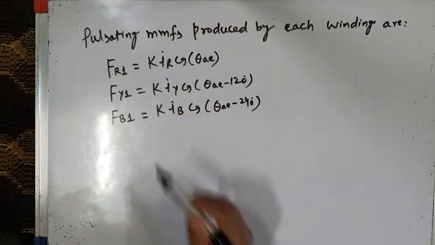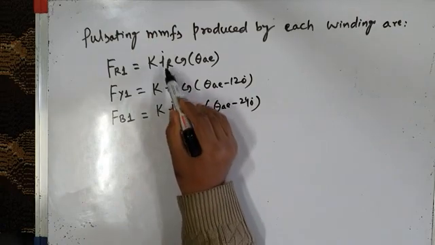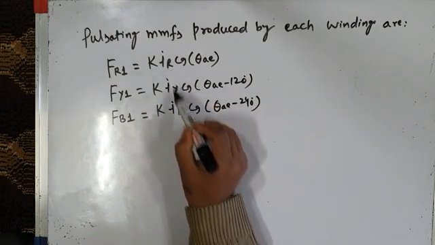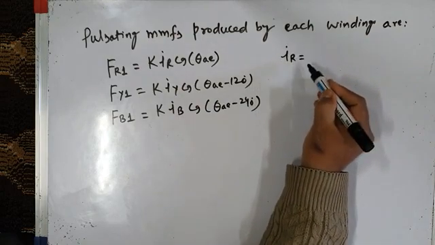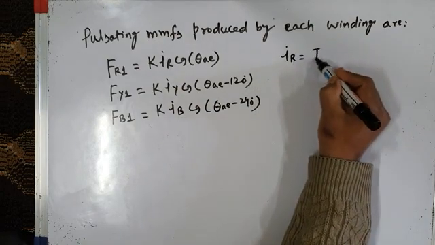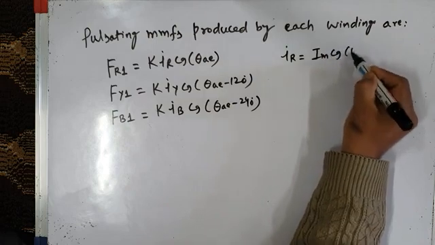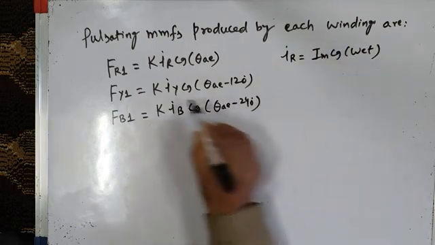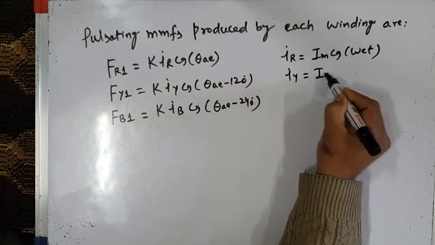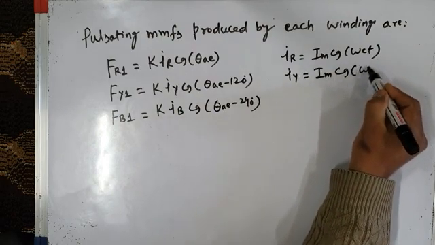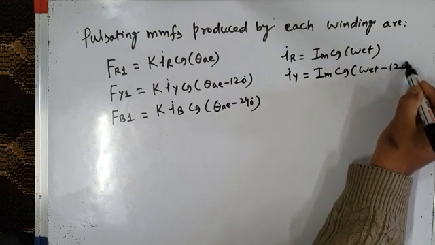Now what are IR, IY, IB? IR, IY, IB are the currents flowing in the three phase windings. The current flowing in R phase winding, IR, we know is equal to IM cos of omega ET. Current flowing in Y phase winding is IY, which is given by IM cos of omega ET minus 120 degrees.